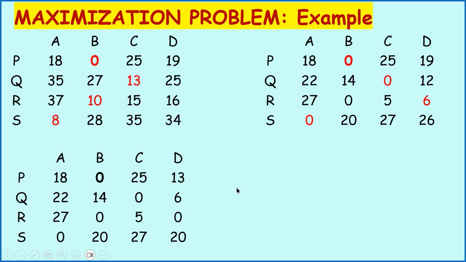Now you draw horizontal and vertical lines such that you get the minimum number of lines. There are 4 lines and there are 4 columns and rows, so we have reached optimality.